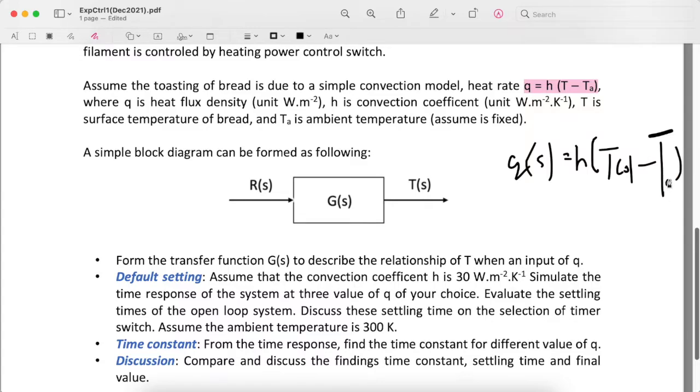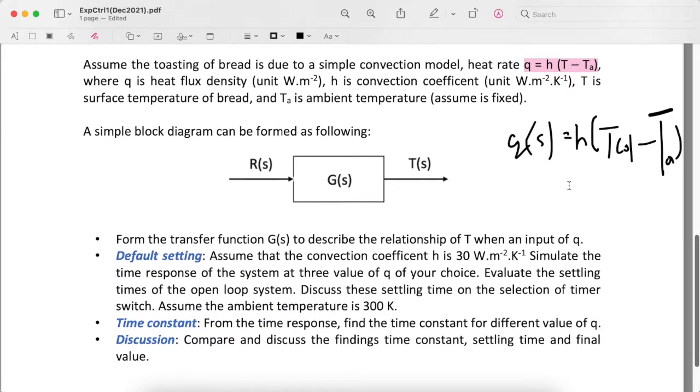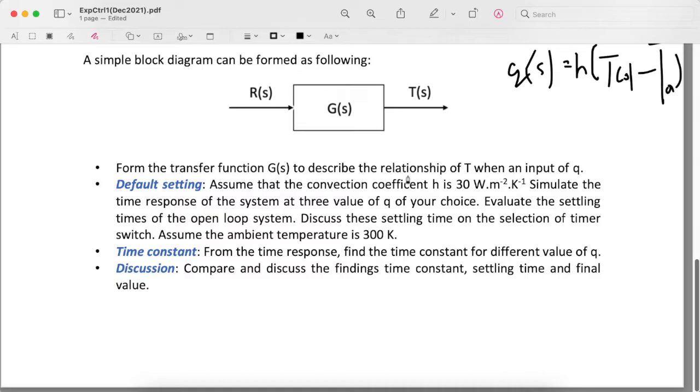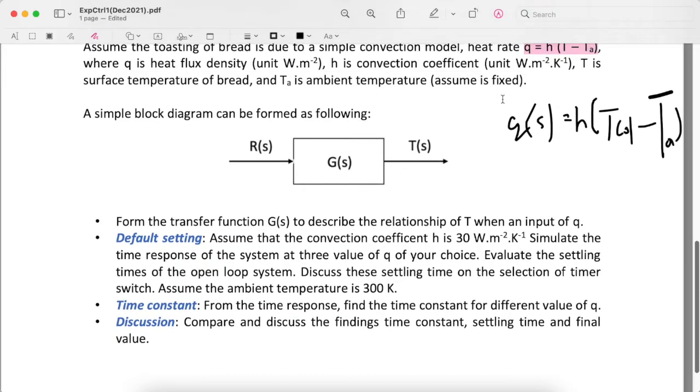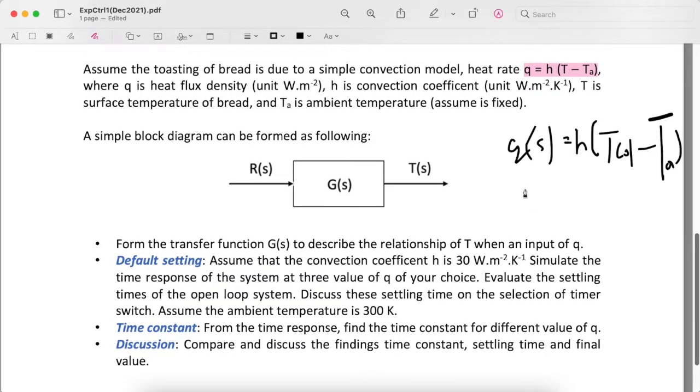So T is Ta and H is a constant, and the Q also should be a constant. Basically, if you want to describe the relationship between the T and the input Q, then probably you may want to write it in terms of Ts over Qs.